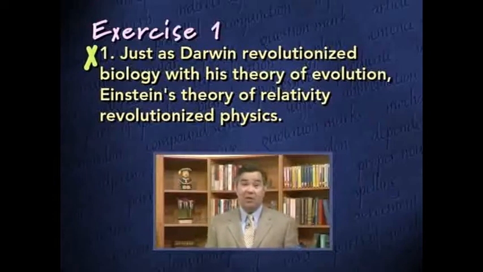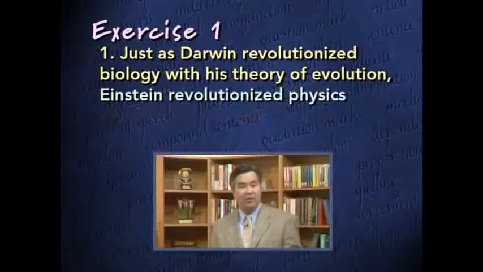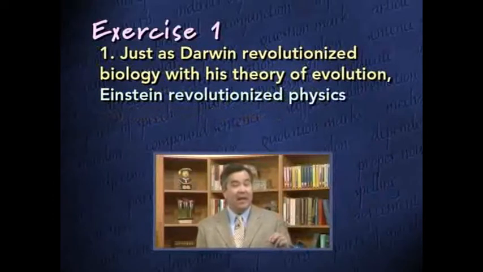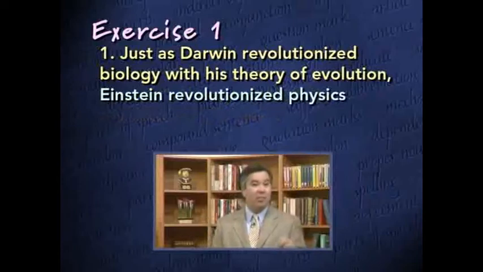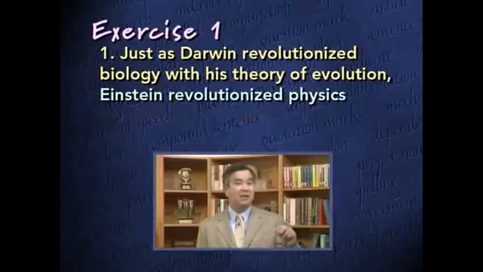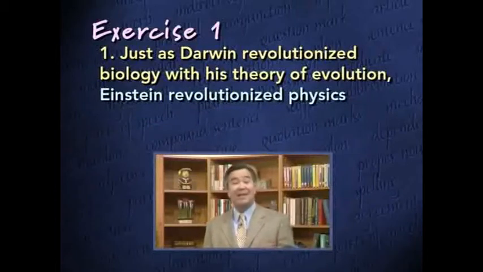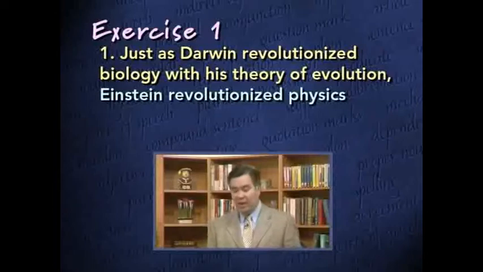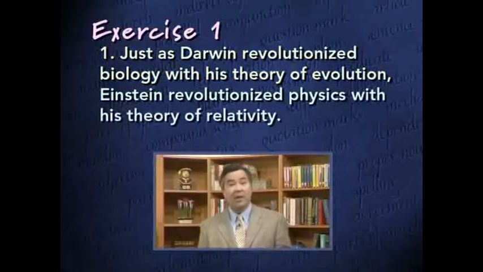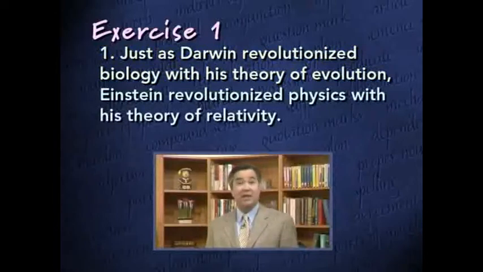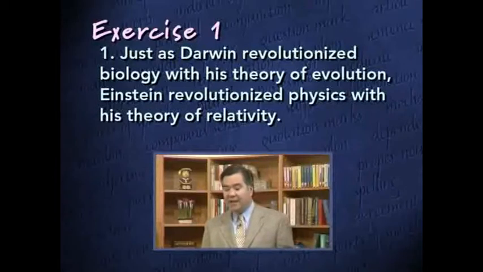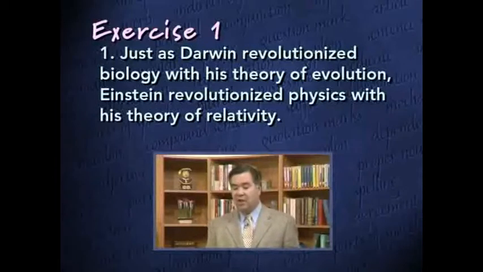Let's make the second clause read Einstein revolutionized physics. And then we'll end that second clause with a prepositional phrase, just as the first clause ends with a prepositional phrase. So the rewritten sentence, which would follow the principle of parallelism, would read, just as Darwin revolutionized biology with his theory of evolution, Einstein revolutionized physics with his theory of relativity.